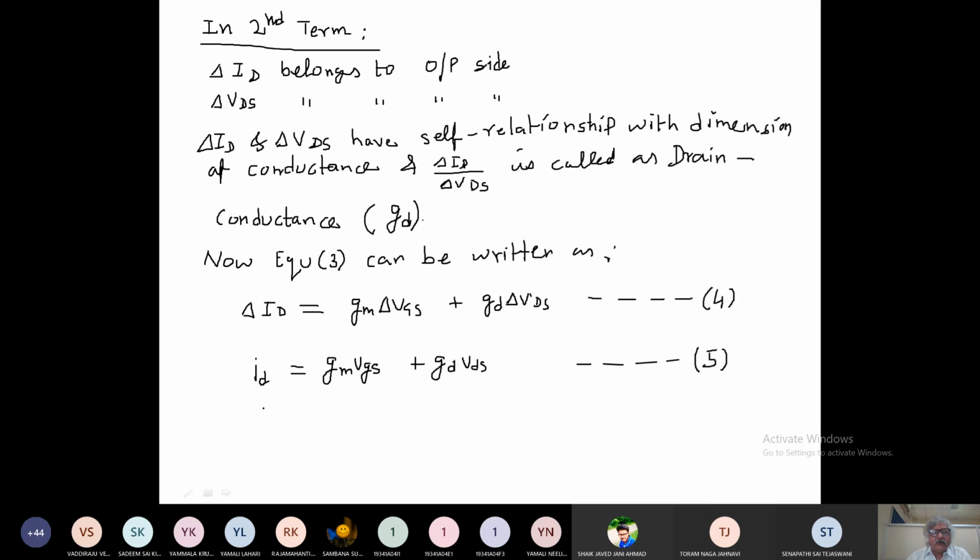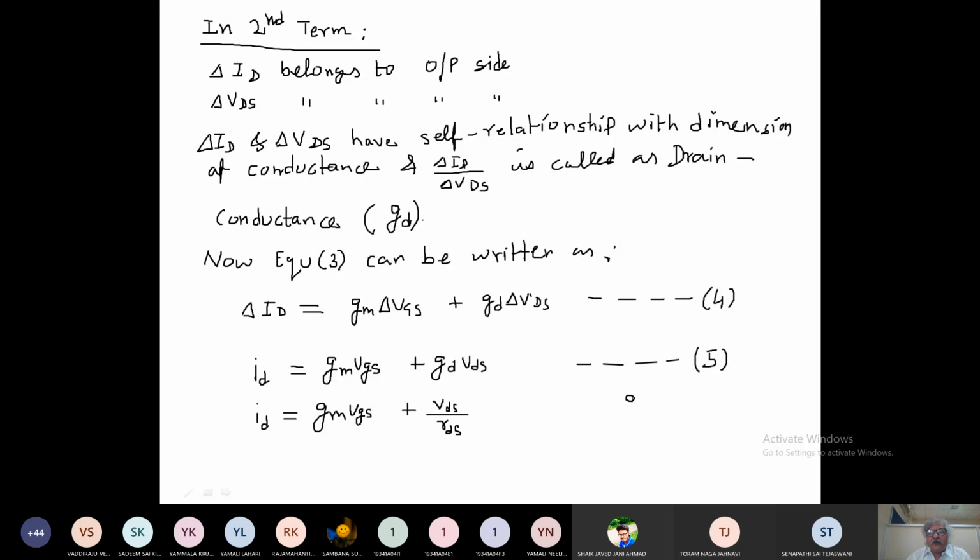This expression again you can write in this way: ID is equal to GM VGS plus VDS divided by RDS.